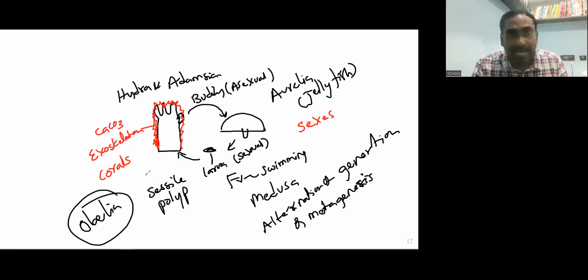The calcium carbonate exoskeleton of anthozoans or cnidarians is called coral. The red color stones which are found in rings are nothing but corals, coral stones. Sir, so this exoskeleton is called coral, sir? Yeah. Okay, sir.